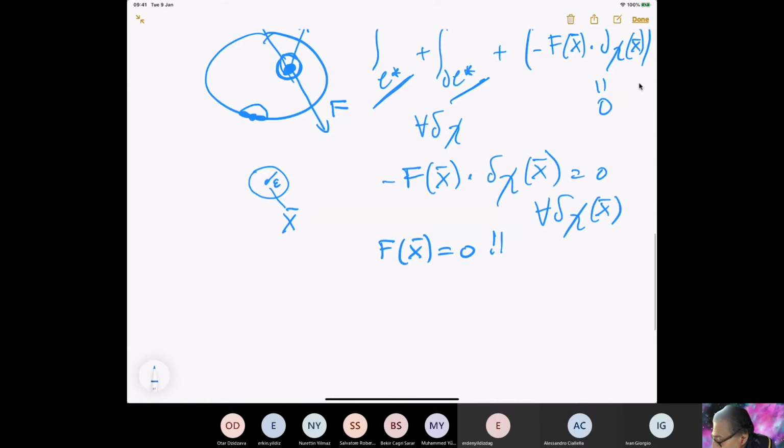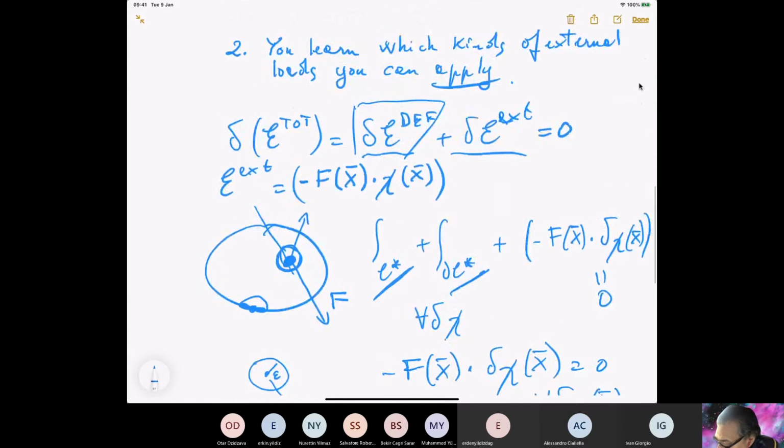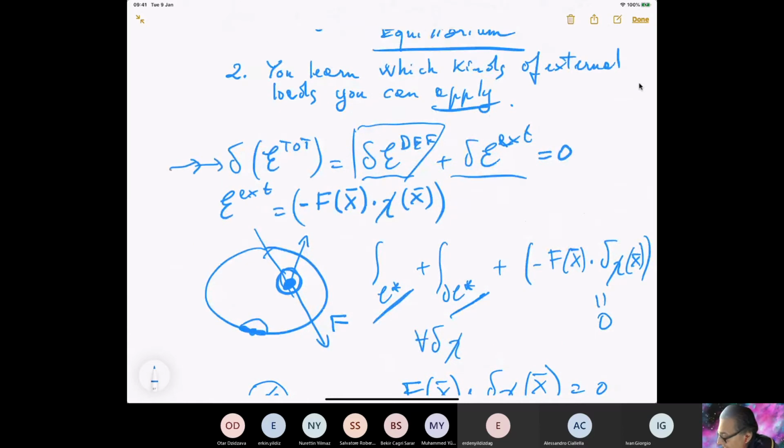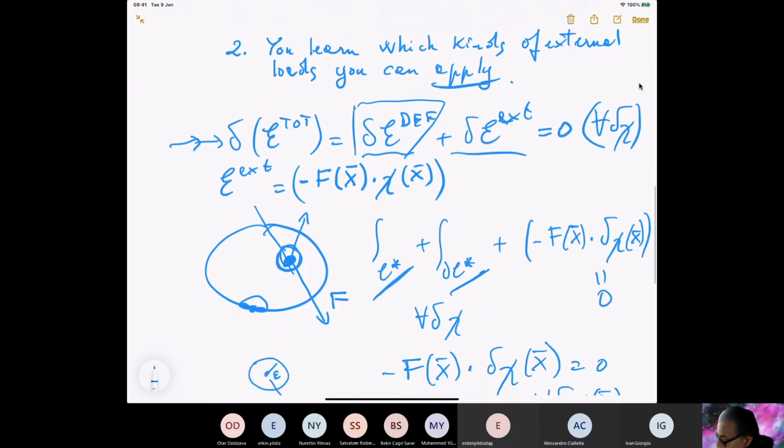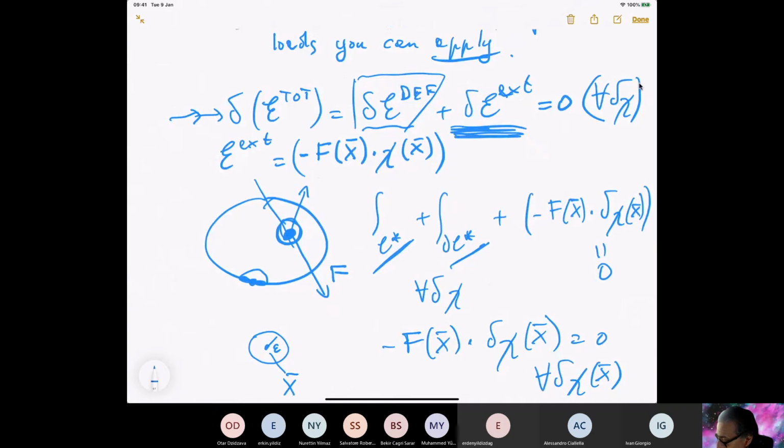Because when you impose that the first variation of total energy is 0 for every virtual displacement, and this is your equilibrium condition, clearly the kind of external actions which can be applied to your body having your fixed deformation energy is determined by the kind of deformation energy you have chosen.